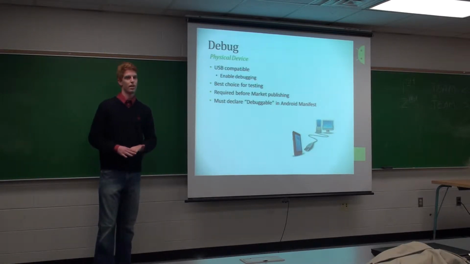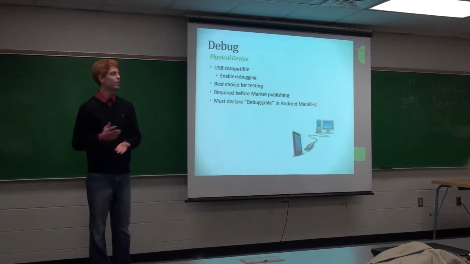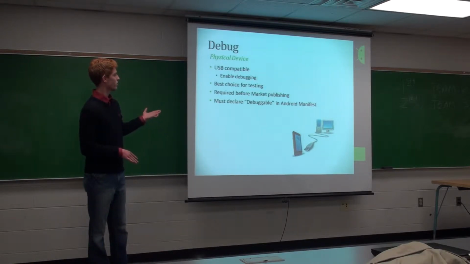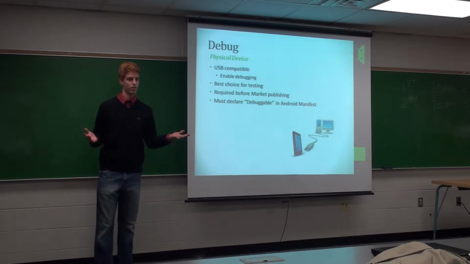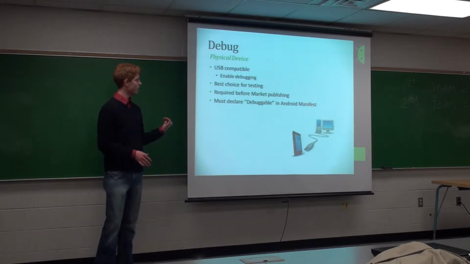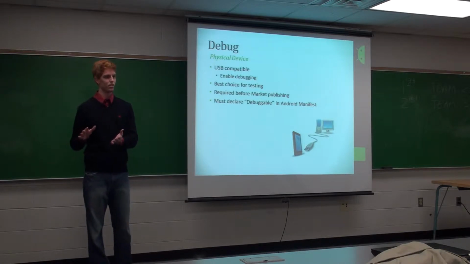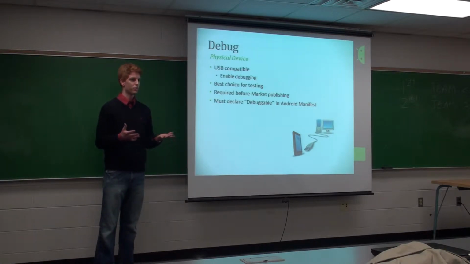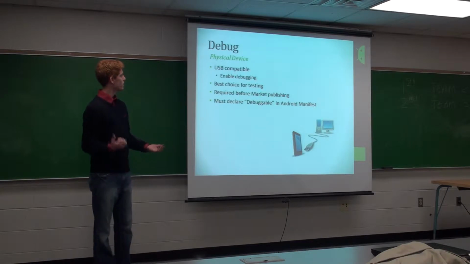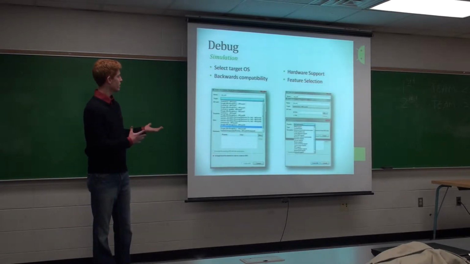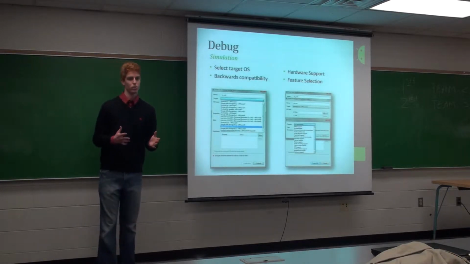If you're using Windows or Mac OS, the drivers are already on there. And this is the best choice for testing. You can test every possible scenario. And the developer's website says that before you even publish the application, you need to test it on an actual phone.